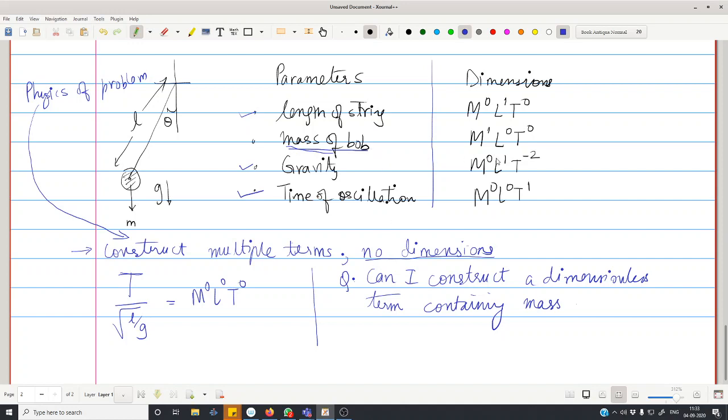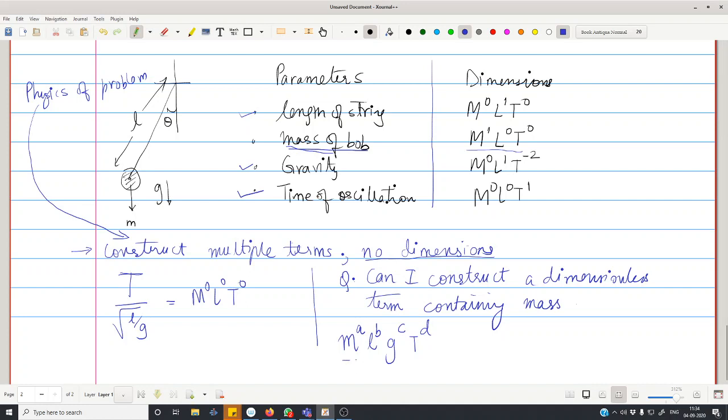But there is no other mass in the problem. There is no combination of mass, gravity, length of string and time of oscillation. So I cannot find any expression of the form m to the power a, l to the power b, g to the power c, t to the power d.